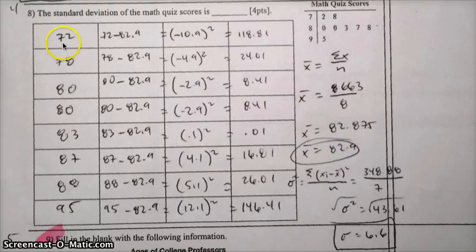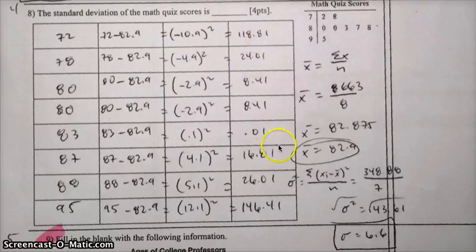So you're going to subtract the mean from your data set. For example, 72 minus 82.9 is negative 10.9. This is the deviation, they call it. And then you're going to take this number and square it.